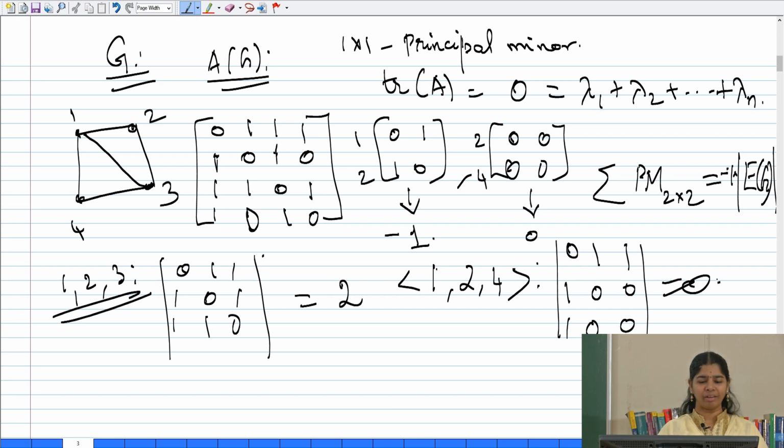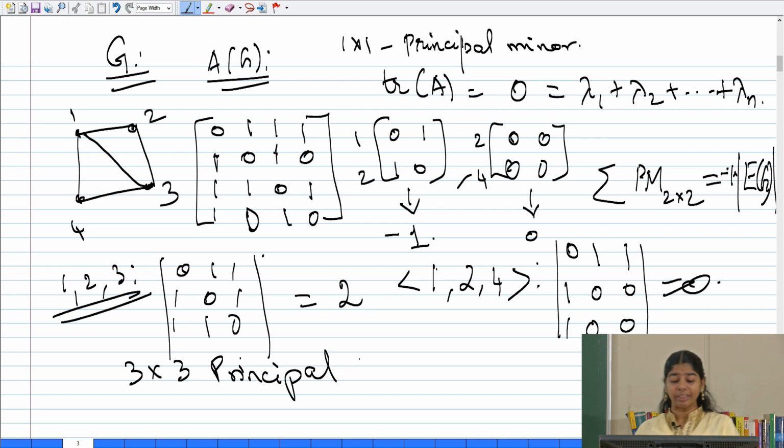In these 3 by 3 submatrices, we will be counting all possible triangles in the graph. Every principal submatrix gives me a principal minor, and it is non-zero if the vertices form a triangle. So the sum of all the 3 by 3 principal minors, since the determinant is 2, is nothing but twice the number of triangles.